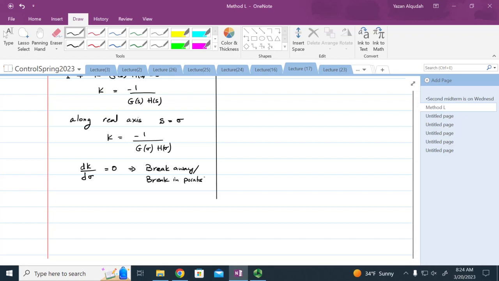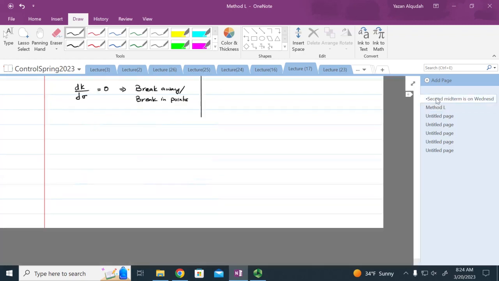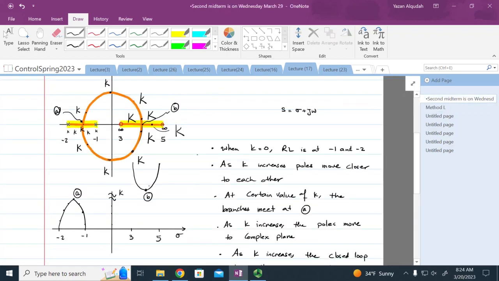Which one is the break-in? The breakaway is A, and the break-in is B. Yes, the breakaway is when we are leaving the real axis, and the break-in is when we're coming back to the real axis. So the first method is to take the derivative to find this point and this point.